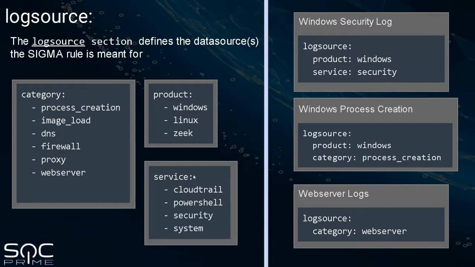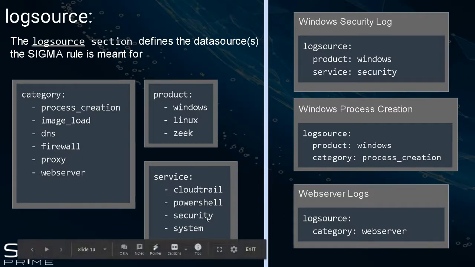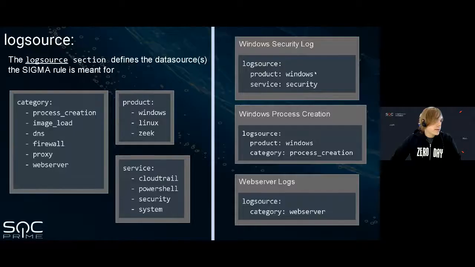Whereas if you use product and service, like product Windows, service Sysmon, you're saying, hey, this rule will probably only work if you have Sysmon. That's basically the difference between saying Windows security, Windows Sysmon, or just Windows process creation.